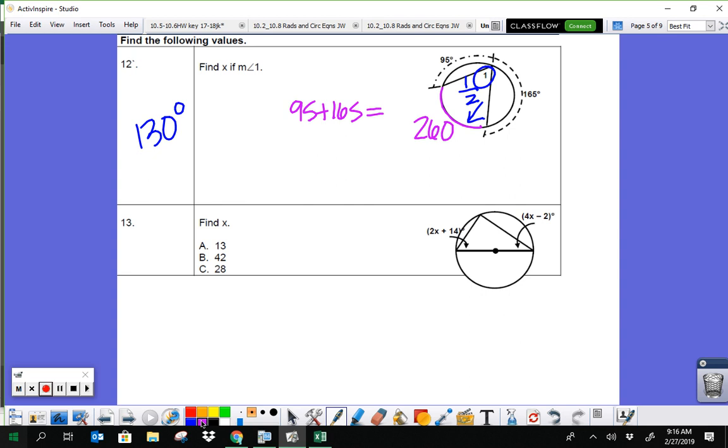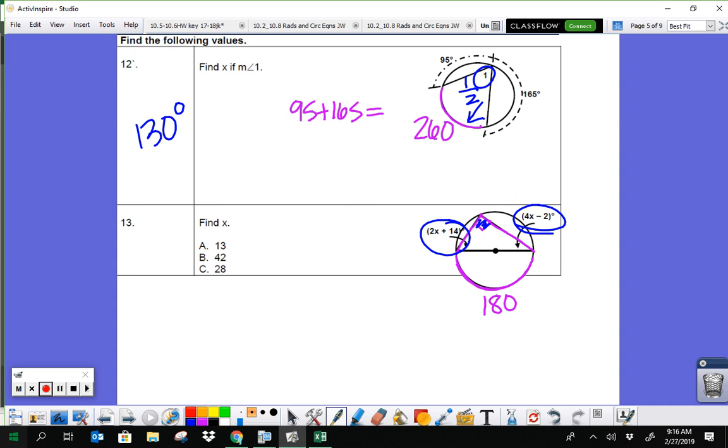Number 13, find X. Okay, so what I can see here, this right here is an inscribed angle. Okay, and you can see that the diameter, which means this arc right here is 180, which means this inscribed angle is half of that, so that is a right angle. So what you have to notice here is that if that is a right angle, what I now know is that these two angles need to add up to be 90.